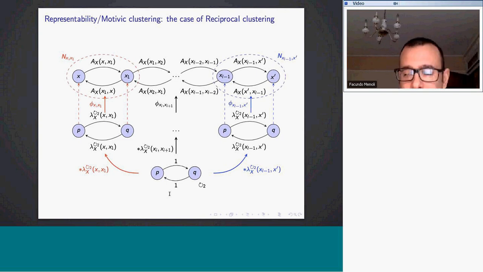Now, what happens is that essentially represent equivalent conditions. So our asymmetric networks will be representable if a method is existing.